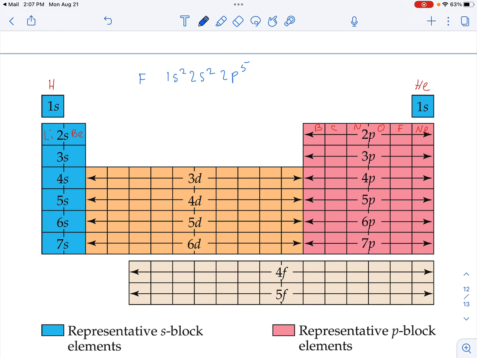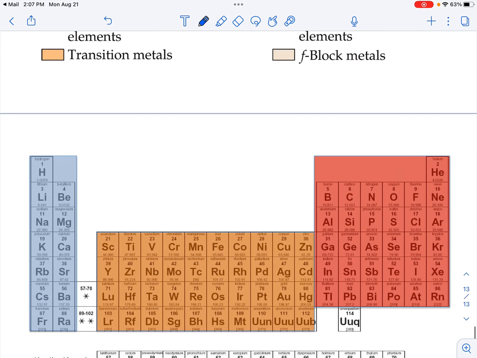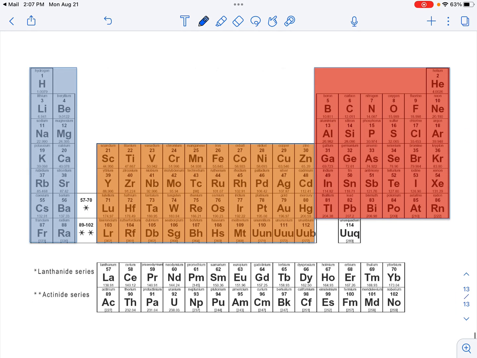Okay, so hopefully this makes sense to you, how this is mapping onto the periodic table and how we generate our electron configurations. We're not really going to go past fluorine. We'll see other elements like chlorine, bromine, iodine, but we're not going to be super interested in generating their electron configurations. Okay, so then here is the periodic table, and then I just mapped s, p, and d onto there.